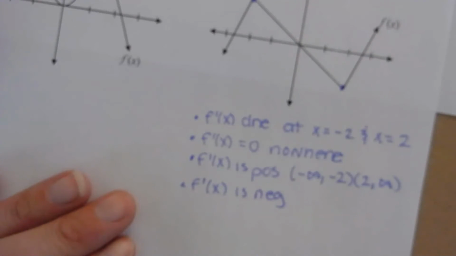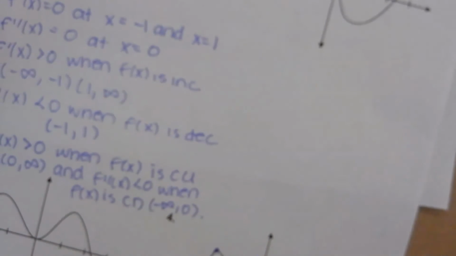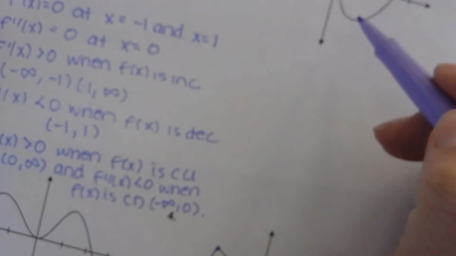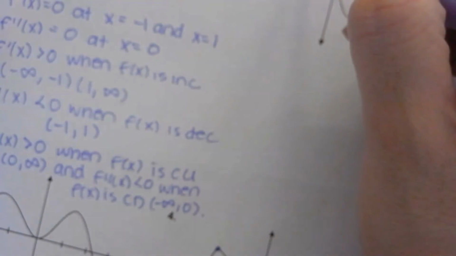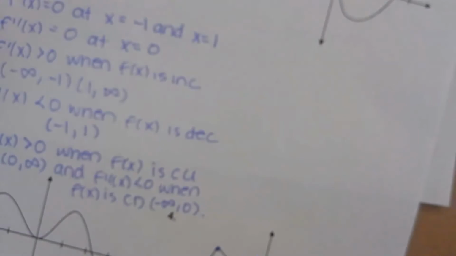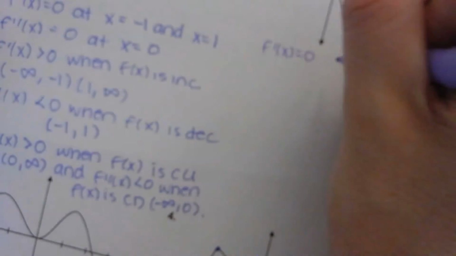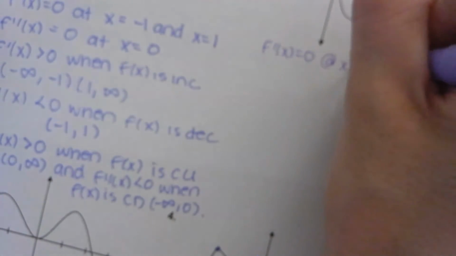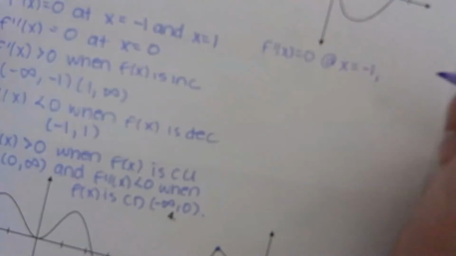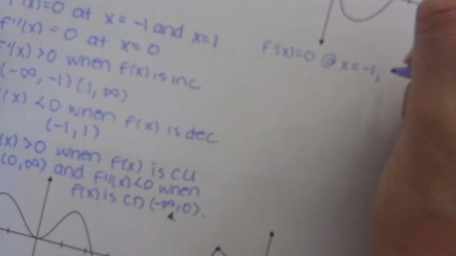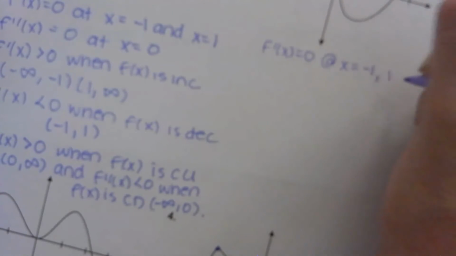I would only have done an equal to if it was like number 2. Because we did the example 2 before, this would be a critical point, but not an extreme. So at f prime of x equals 0, it would be at x equals negative 1, positive 1.